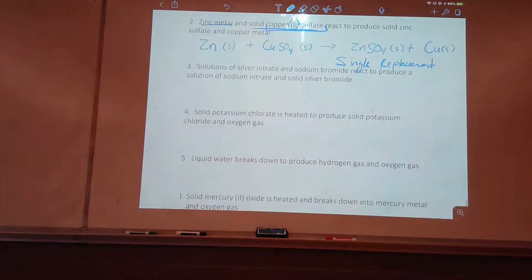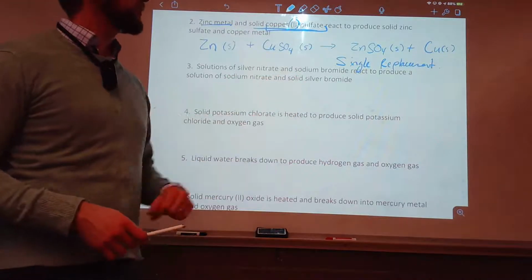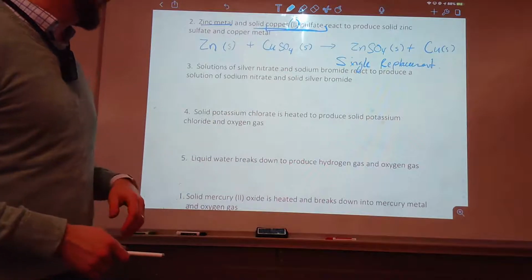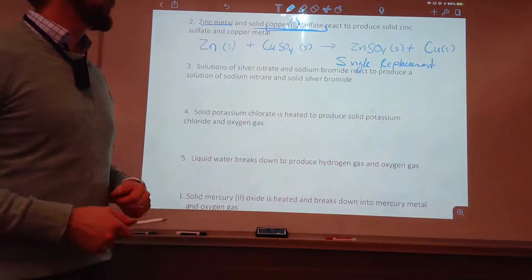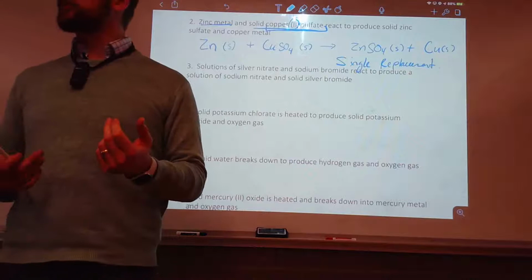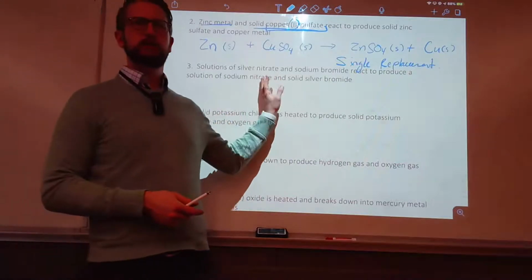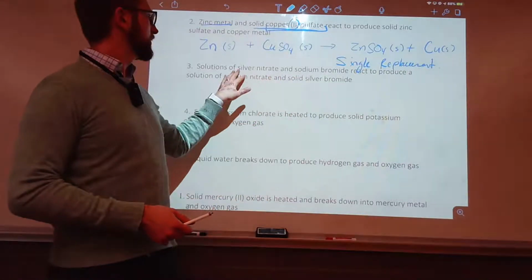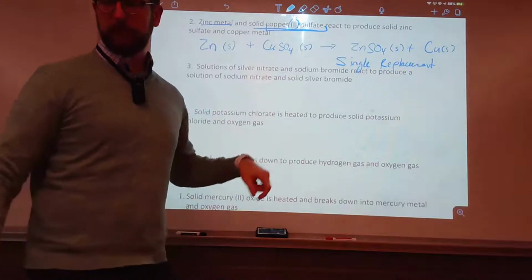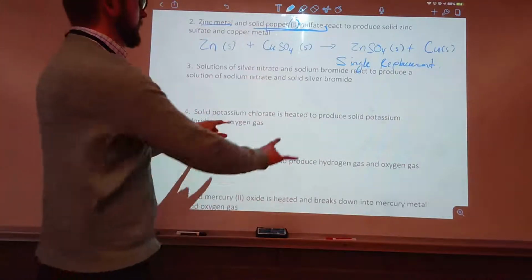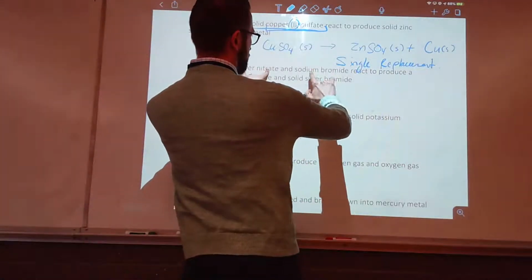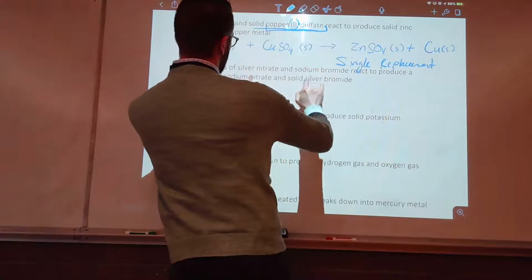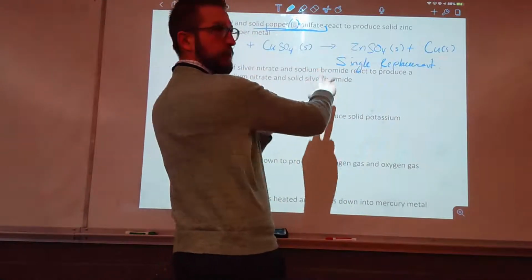Okay, let's let you try the next two. You've got solutions of silver nitrate and sodium bromide, which are going to react to form sodium nitrate and silver bromide. When you read it, do you see the reaction in the reading? Even just reading this chemical reaction, I notice silver nitrate, sodium bromide, sodium nitrate, silver bromide.